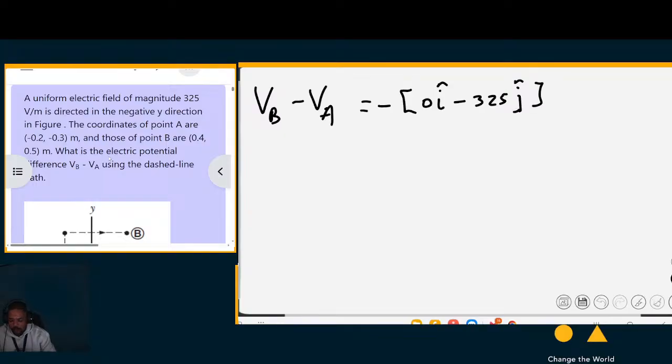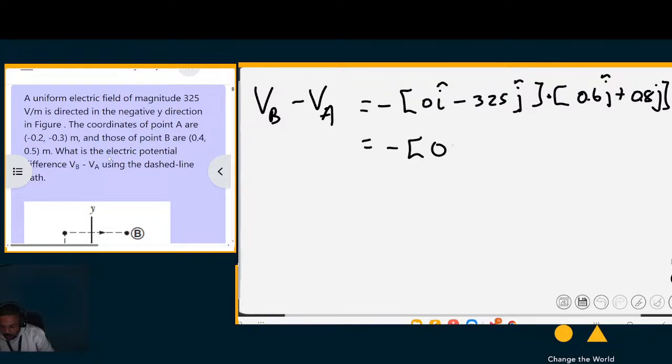There's your electric field. We should dot that with the displacement vector of 0.6 in the i hat direction plus 0.8 in the j hat direction. If you do the dot product, just make sure that that's 0 and 0.6.